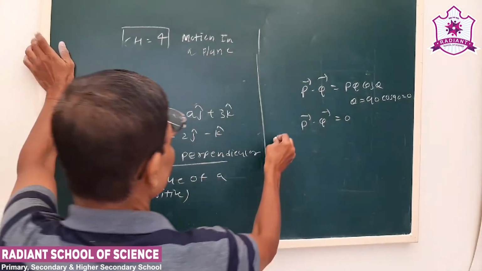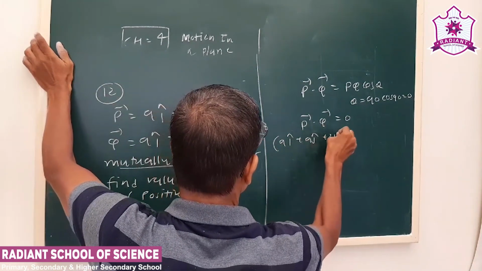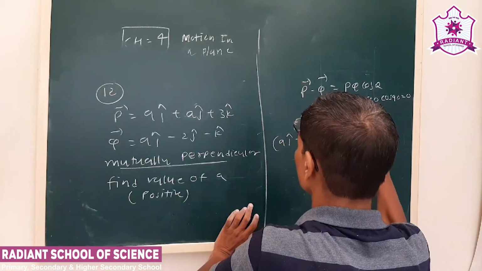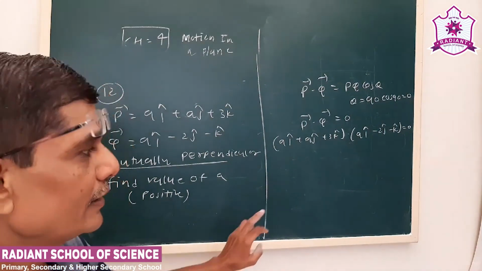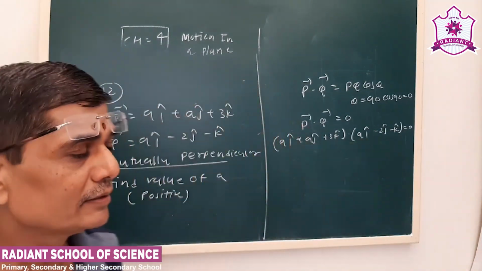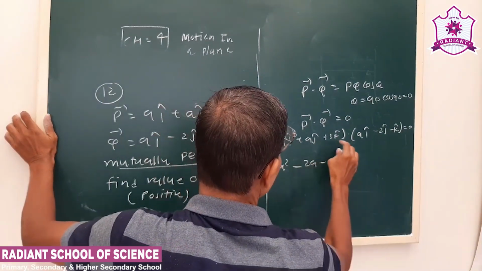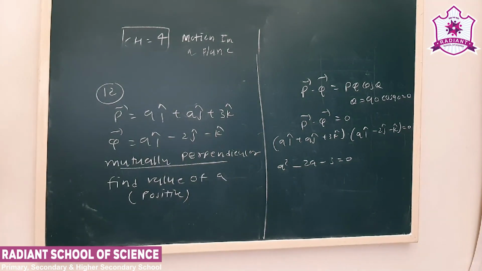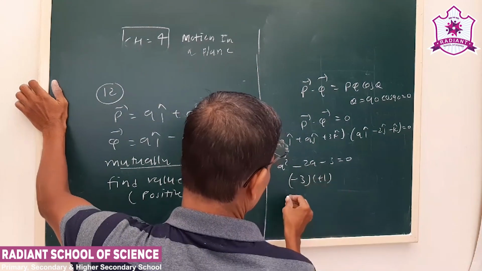Now P dot Q is 0, that is ai plus aj plus 3k dot ai minus 2j minus k. Now see, AX BX, AY BY, AZ BZ. So it will be A square minus 2A minus 3. Now see the quadratic equation, factors you already know.